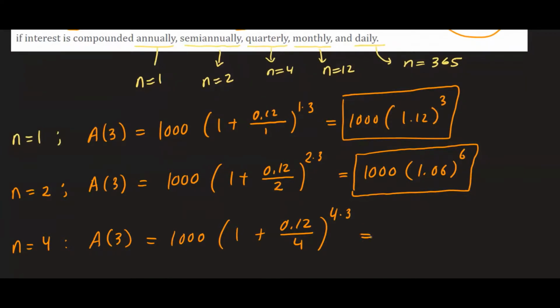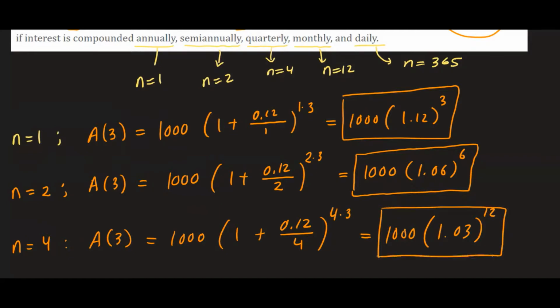So let's see what this will give us. We have 0.12 divided by 4. Well, that's about 0.03 plus 1. So we have 1,000 times 1.03 to the power 12. So that will be our setup for if we invested quarterly.